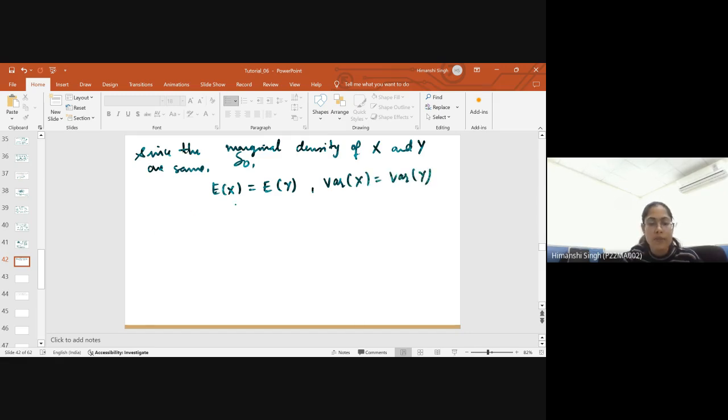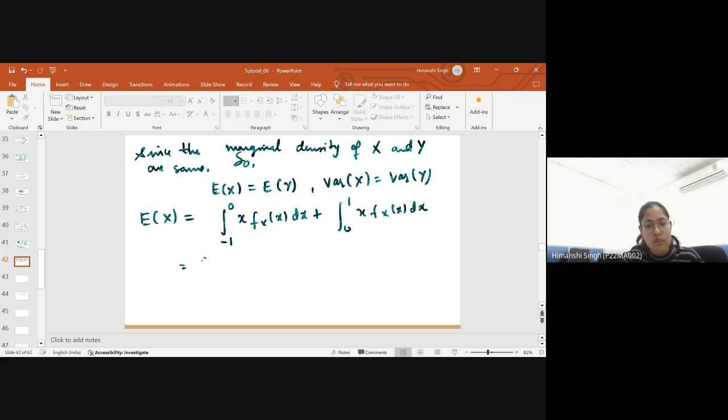So what will be the expected value of x here? Since we have defined the marginal for x with values from -1 to 0, then 0 to 1, it will be the integral from -1 to 0 of x f_X(x) dx plus the integral from 0 to 1 of x f_X(x) dx.